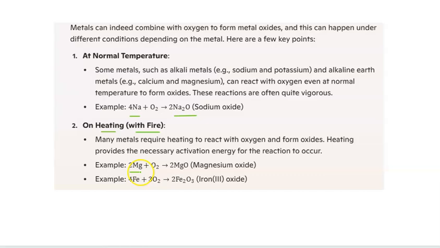For example, magnesium combines with oxygen when it is heated, and produces the oxide. The same thing with iron, but iron generally produces a reaction, and the product of this reaction, iron 3 oxide, is what we call rust.